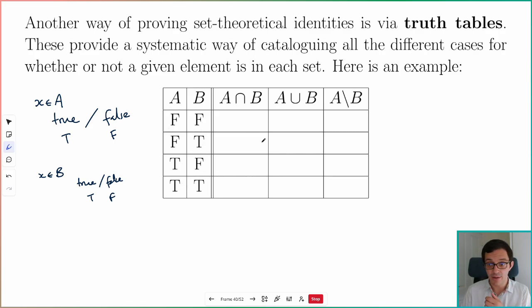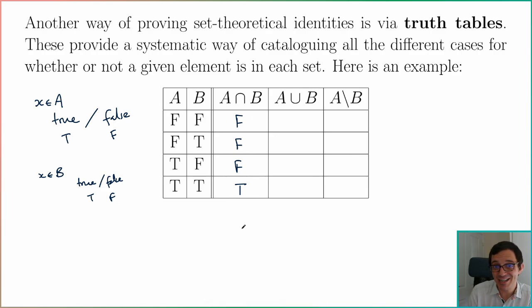And then I can think about concepts like the intersection, the idea of being in A and B. And that works like this, that if your elements are in neither A nor B, then I don't want that. I don't even want this. Intersection says you have to be in both. So I draw this column, which you could say is the definition of intersection.